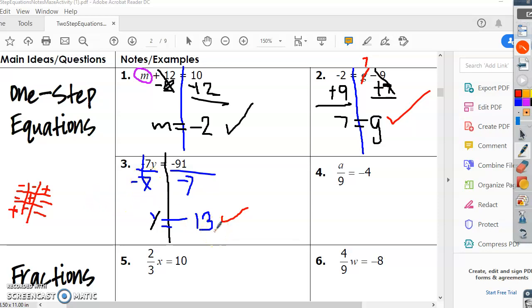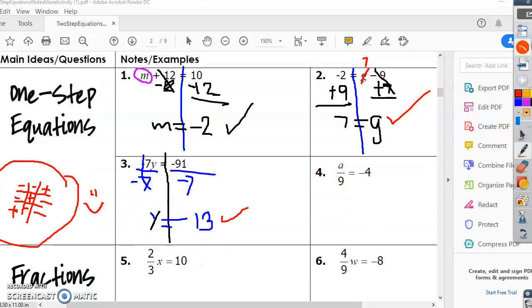Now, if I was doing multiplication, which I did to check my answer, I did +13 times a negative, and it gave me a -91. I did -7, so it gave me a -91, and that checks. So this right here is something for you guys to use and remember.